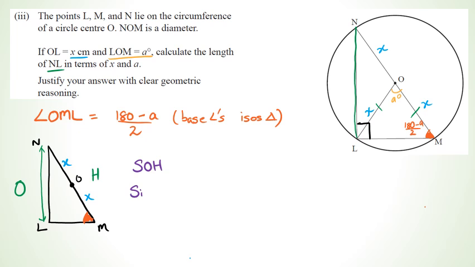So I'm going to have sine of the orange angle, in this case it's (180 minus A) over 2, equals opposite divided by hypotenuse. And the hypotenuse in this case is x plus x, which is 2x.